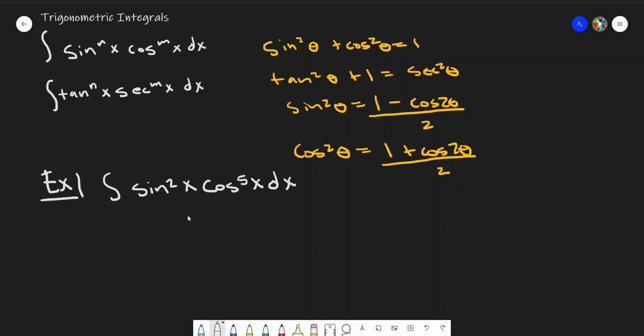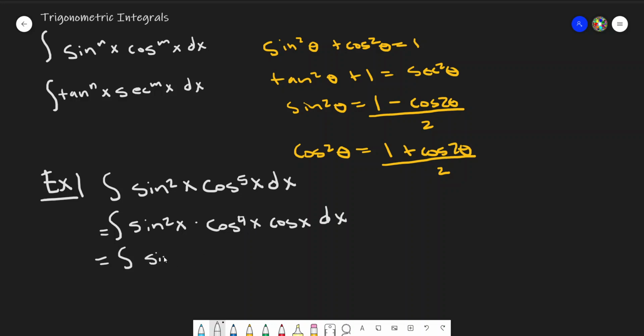So it looks like I need to work with cosine at the moment, because I have the integral of sine squared x, and I can rewrite cosine to the fifth as cosine to the fourth x times a cosine of x. The other thing we know is that cosine to the fourth x is really 1 minus sine squared in a way.